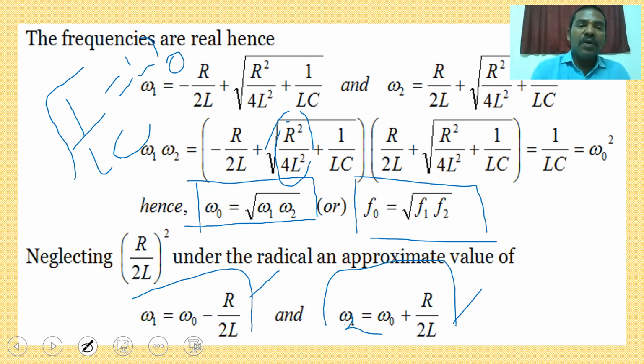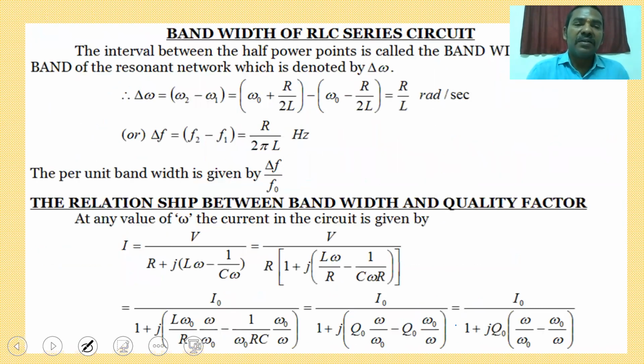So now we have to go for bandwidth. What is bandwidth? Bandwidth is represented by delta omega. It is the difference of half power frequencies, omega 2 minus omega 1. What is omega 2?